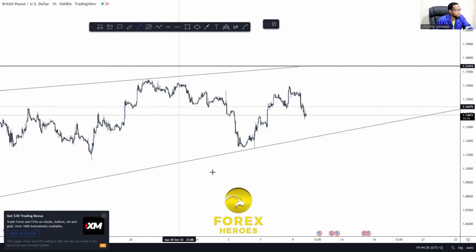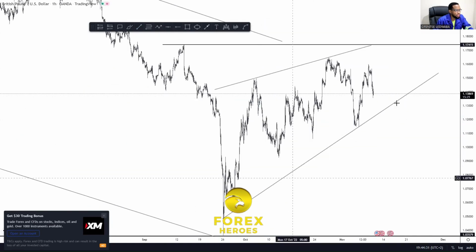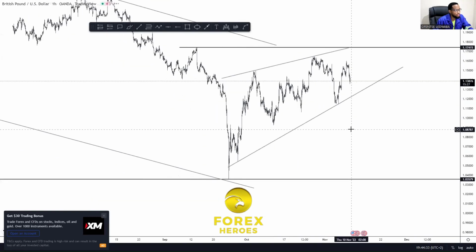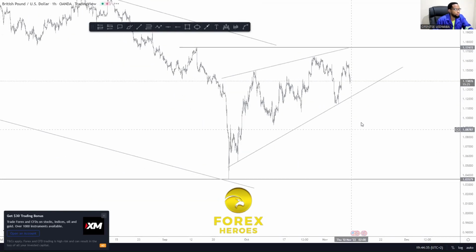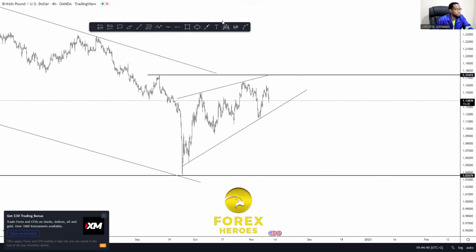As I mentioned, that we are pushing up in a corrective manner. So it's possible that you can have this scenario.